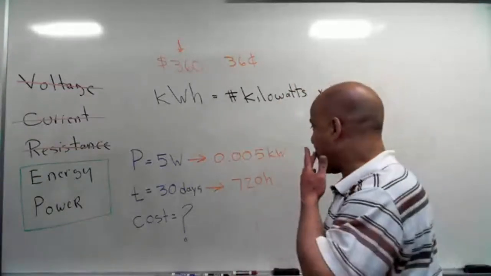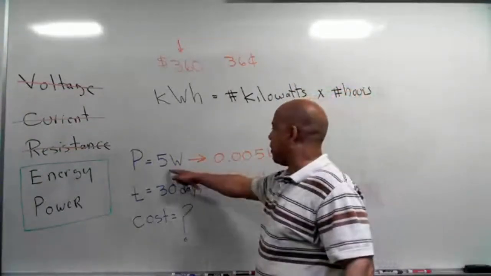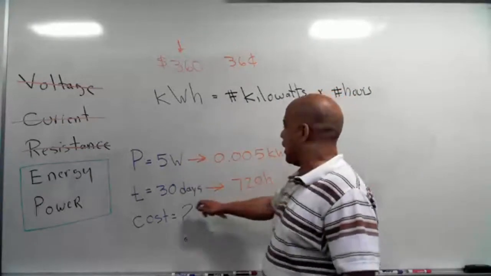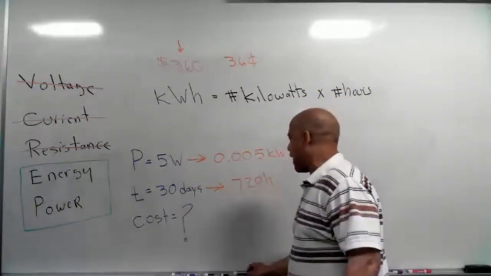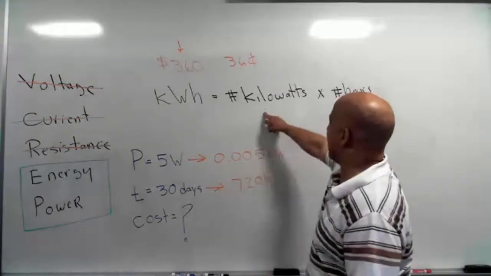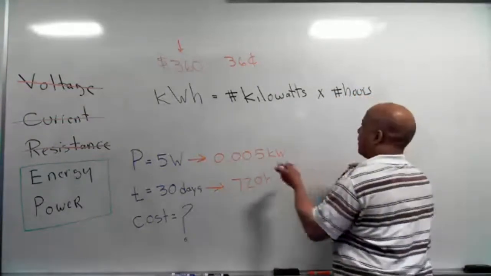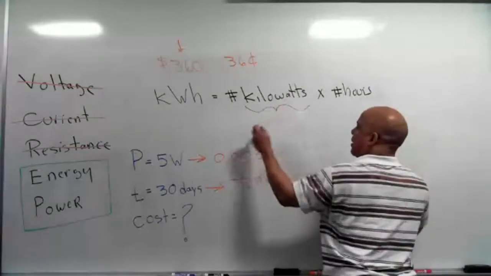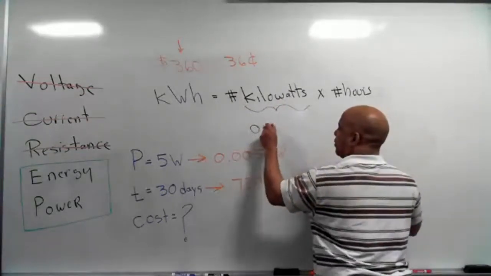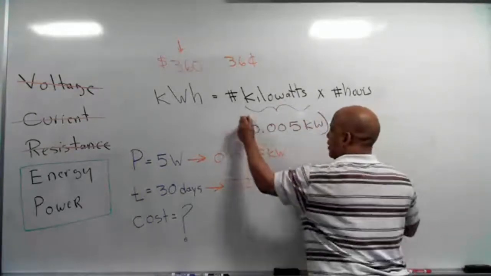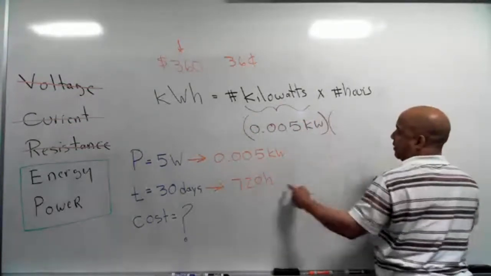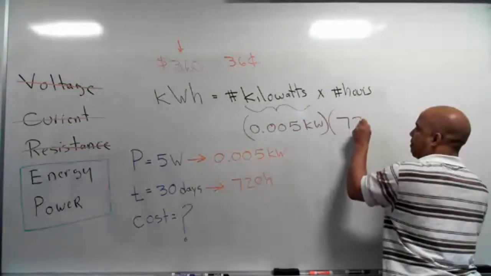That'll come up. So once I convert my power to kilowatts, and make sure my times are in hours, then I just find the number of kilowatt hours. I'm multiplying kilowatts times hours. So for this one, I got 0.005 kilowatts. And we'll multiply that by 720 hours.